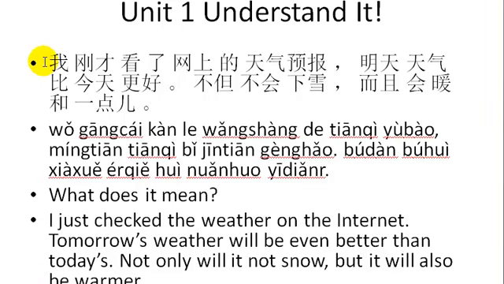So, 我刚才看了网上的天气预报，明天天气比今天更好，不但不会下雪，而且会暖和一点。Okay, 不会 is will not. Not only will it not snow, right? 而且会暖和一点。暖和 means warm, and so you stick 一点 after it, and it means a little warmer. Right, let's move on to the next piece.